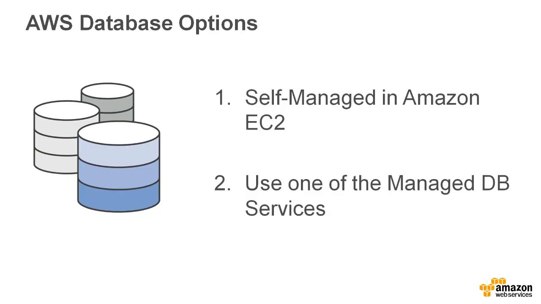Self-managed services are the services that you, as a developer or customer, are expected to be managing. But managed database services are the services that are primarily managed by Amazon.